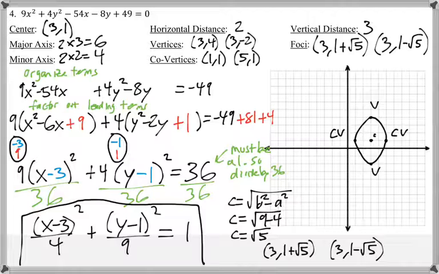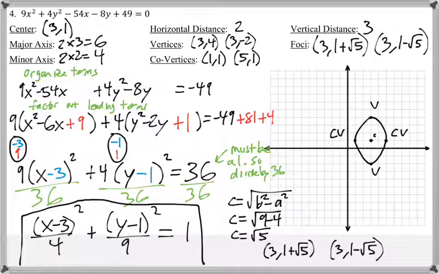So these are the exact answers. If you type those in on the calculator, you get 3.236 and negative 0.73. So they don't have to be perfect.